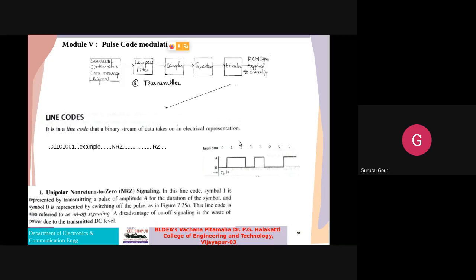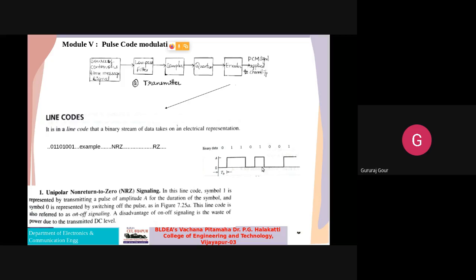Two successive ones came. After that we got 0, an off pulse will be there. After that 1 will be there, one single pulse of amplitude A will be sent. Again we get two successive zeros, two off pulses will be sent, and after that one digit will be there, which will be coded by sending one pulse of amplitude A.